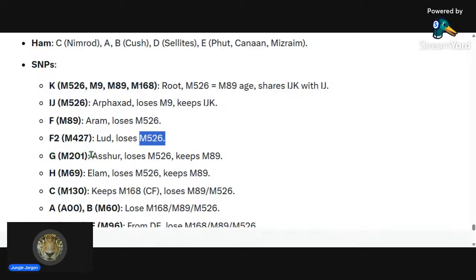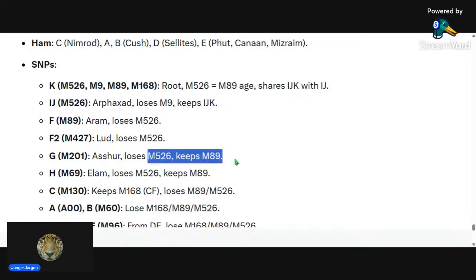Asher is 201, and it loses the IJK marker and keeps the marker of Aram and Lut, because Asher was born before Lut, so of course he has the M89 marker because he was born before Lut. This M89 up here, before Aram, I mean.